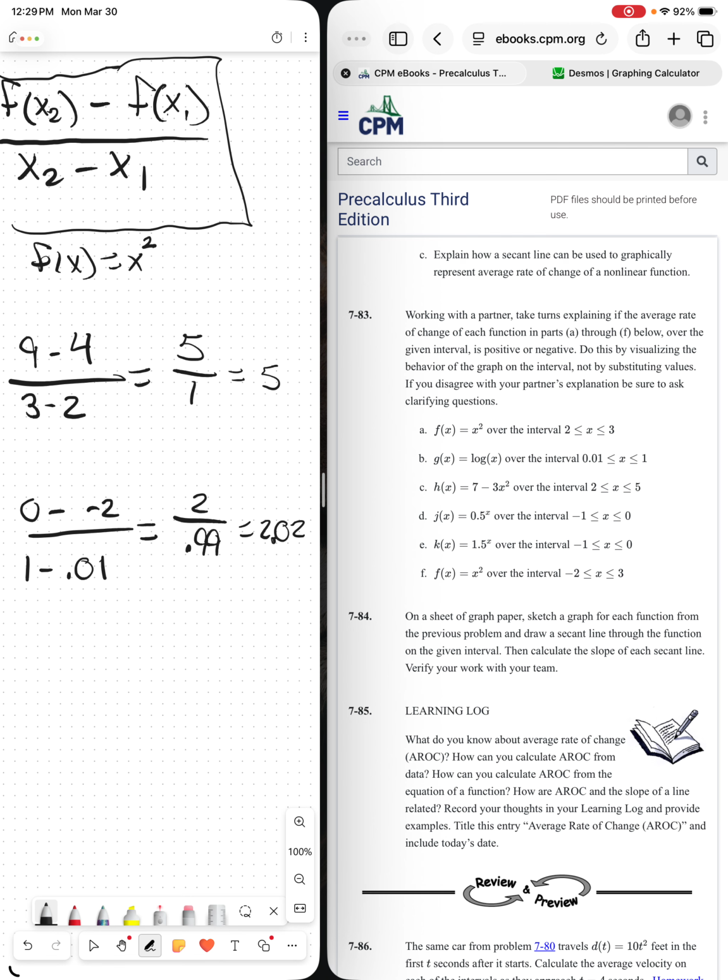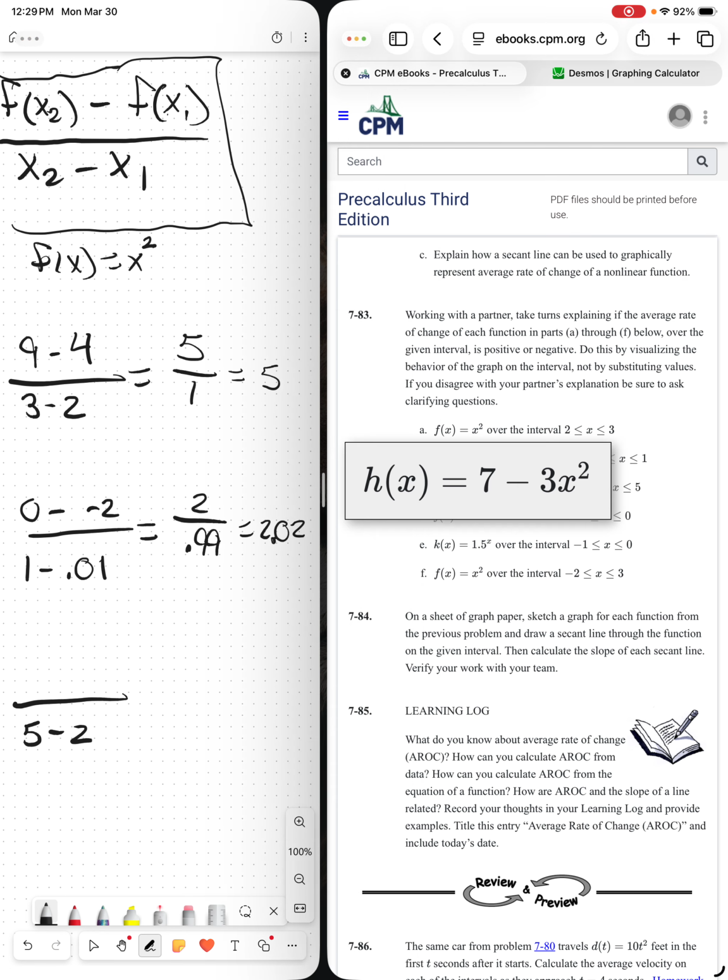For C, we have 5 minus 2. If you plug in, 5 squared is 25, times 3 is 75, and then 7 minus 75 is negative 68. Then we plug in 2. 2 squared is 4, times 3 is 12, so 7 minus 12 is negative 5.